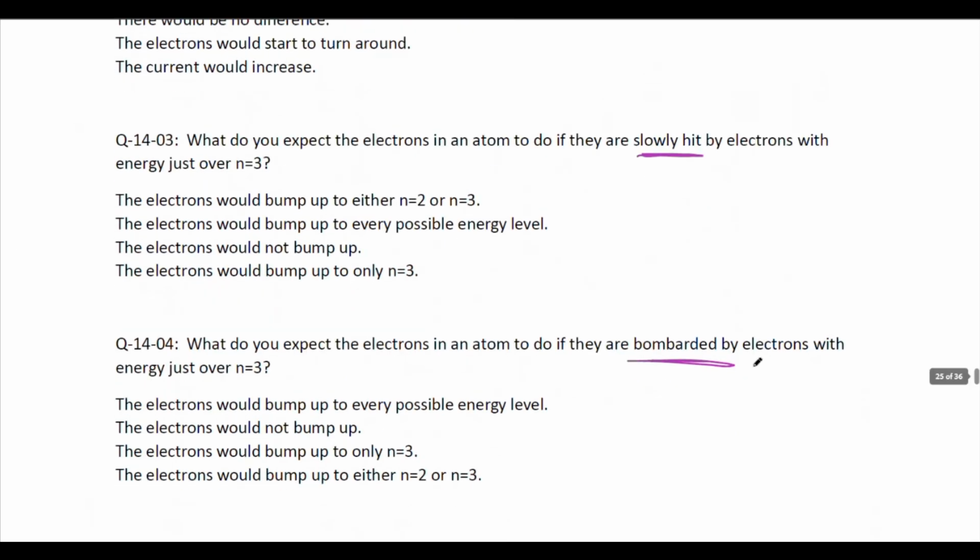But if they're being bombarded, that means they're being hit very, very quickly, and the energy of multiple interactions will increase. So you might have hydrogen that is already in an excited state, gets hit by another electron, gets more energy, and jumps to an even higher state. So bombarded is going to be the most likely. There are some different conditions, so check your notes and your previous work and see why. But if it's bombarded, it's most likely at every possible energy level.